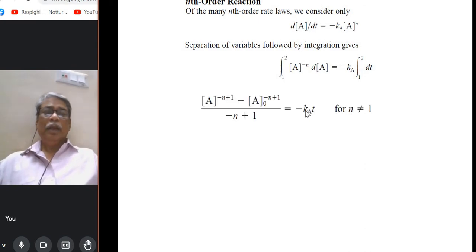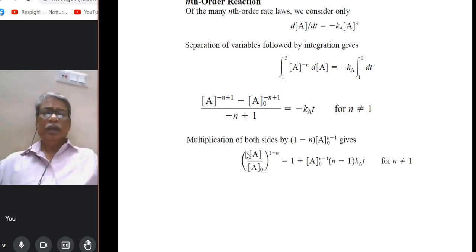After integrating and putting in the limits, you get this equation, and a little bit of manipulation, multiplying both sides by 1 minus n, A0 to the power n minus 1, gives you, for convenience, that A by A0 whole to the power 1 minus n is 1 plus this quantity. Of course, keep in mind that if n is 1, then 1 minus n is zero and the left hand side is an undefined quantity. So the whole equation is not valid for n equal to 1, otherwise it is valid.